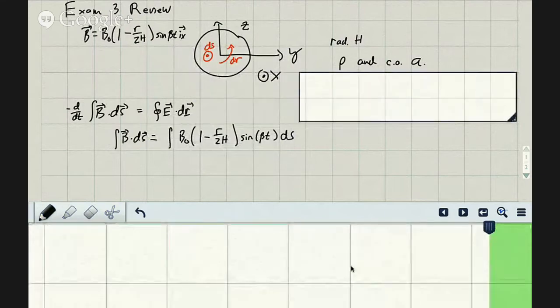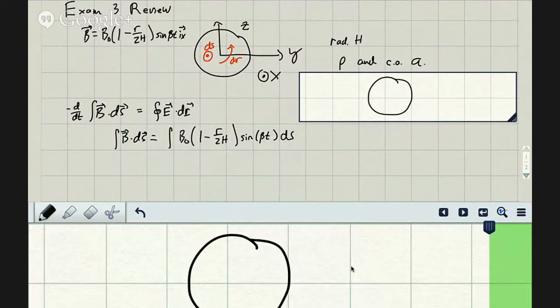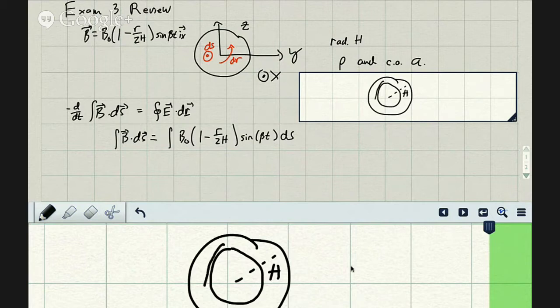So we have a constant B over rings of radius r. Here's the outside loop, which has a radius of h. And I want to break it into a ring, like this, which has an inner radius r.